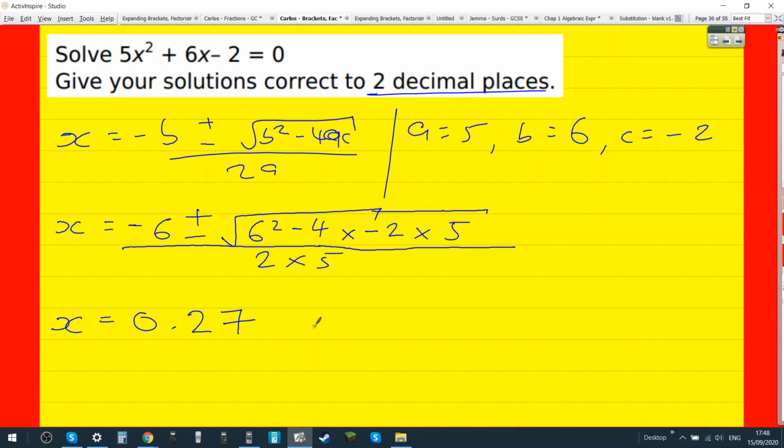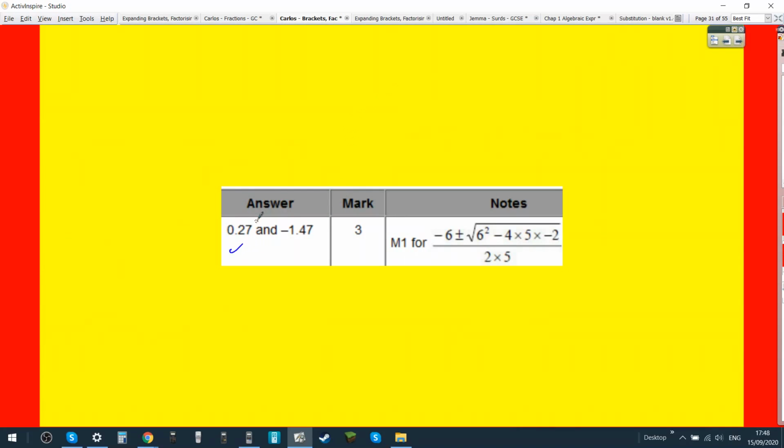Yep. And I got minus 1.47. 0.27 and minus 1.47. Well done.